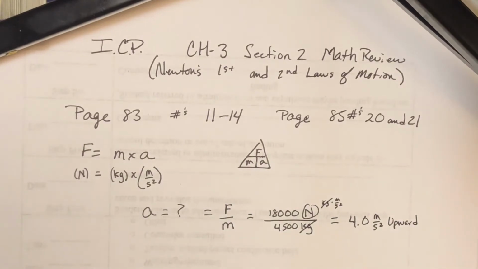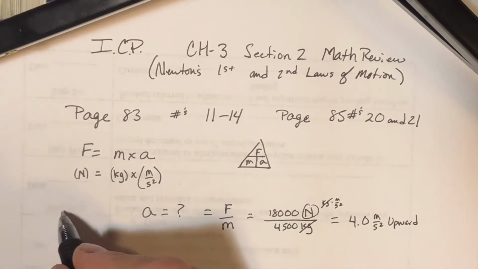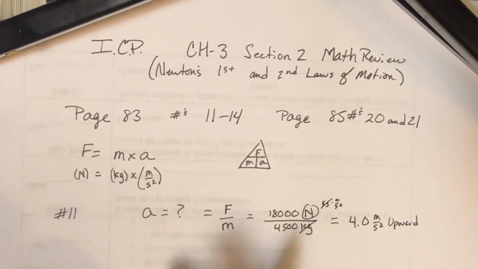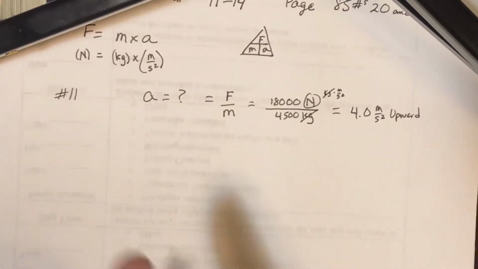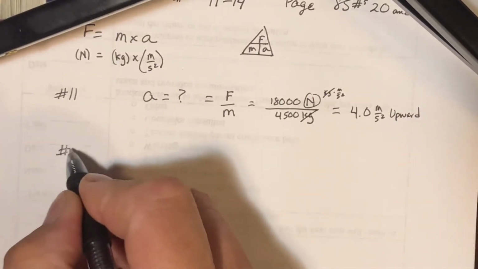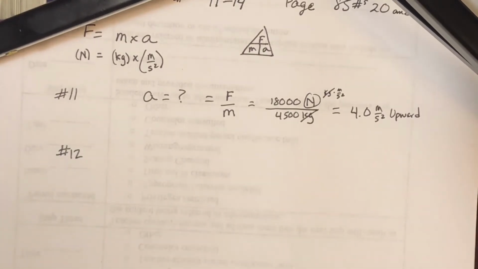So that was number 11. Number 12, you need to read in your book, number 12 on page 83. What is the net force on a dragster, assuming that's a drag race car, with a mass of 900 kilograms if its acceleration is 32.0 meters per second squared west?